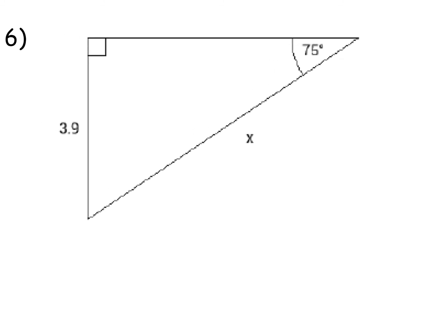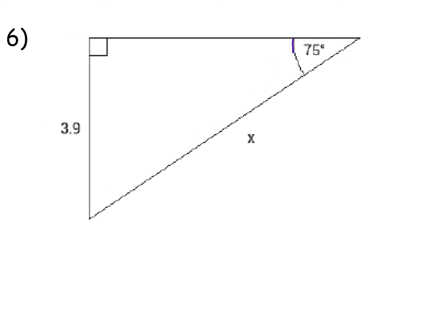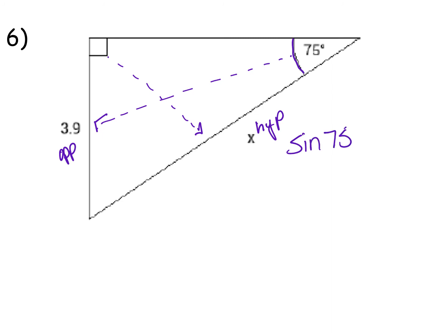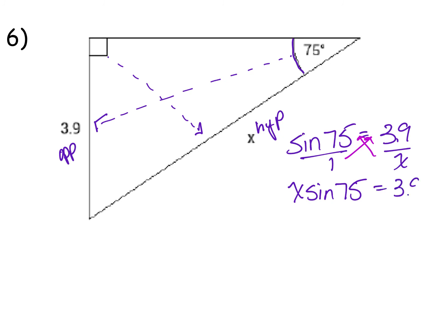Here's my angle at 75 degrees. Go across the middle, and that gives me my opposite side. And then my right angle points towards my hypotenuse. So I get sine of 75 equals 3.9 over x. Cross multiply. I've got x sine of 75 equals 3.9.